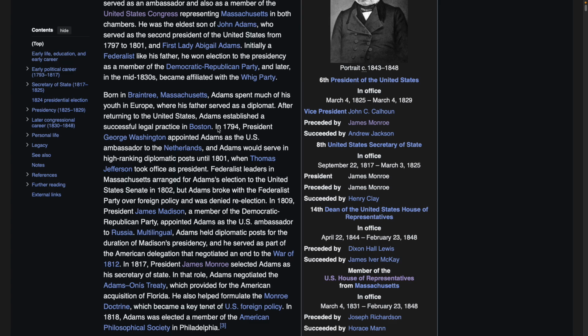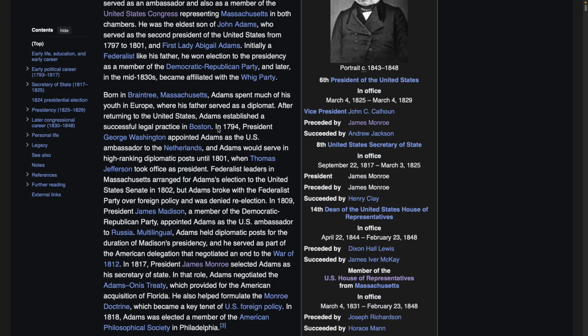In 1817, President James Monroe selected Adams as his Secretary of State. In that role, Adams negotiated the Adams-Onis Treaty, which provided for the American acquisition of Florida. He also helped formulate the Monroe Doctrine, which became a key tenet of U.S. foreign policy in 1818.